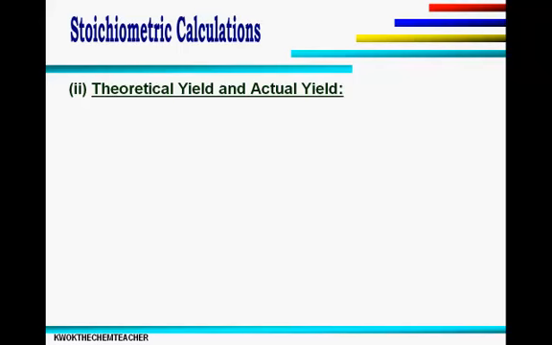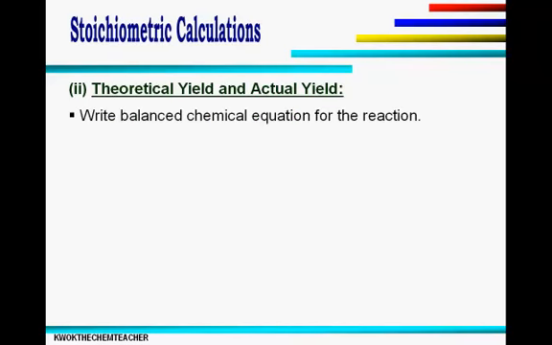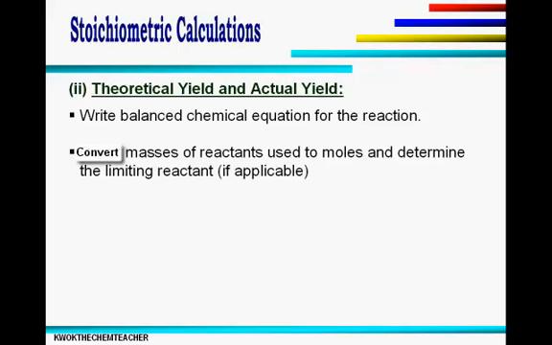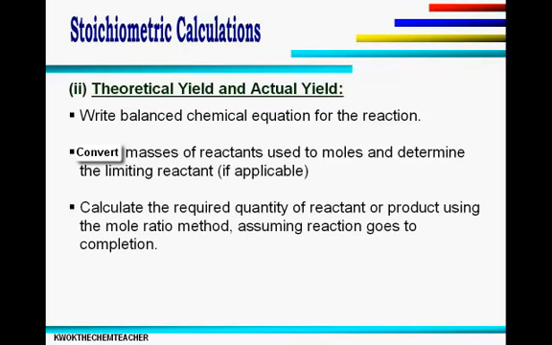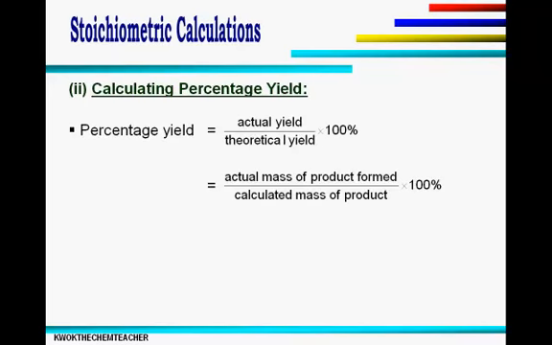Hence, to calculate the theoretical yield and compare it to the actual yield, we will do the following. First, write the balanced chemical equation for the reaction. Secondly, convert mass of reactants used to moles and determine the limiting reactant. Calculate the required quantity of the reactant or product using the mole ratio method, assuming the reaction goes to completion.